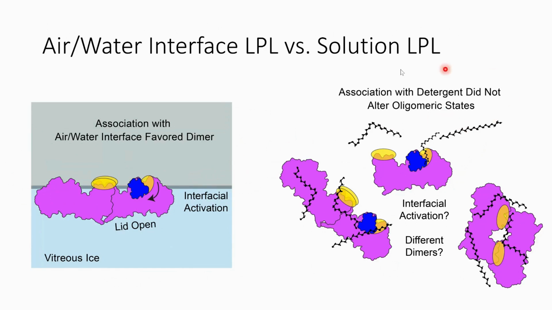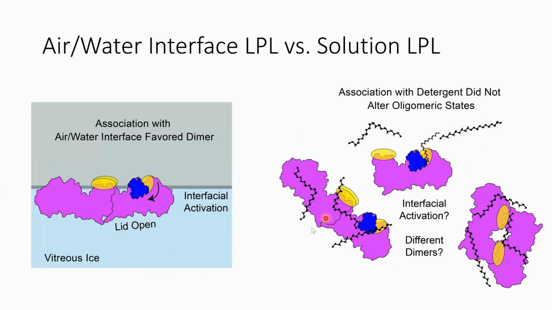And when we're looking at LPL in solution, even in the presence of detergent like deoxycholate, we're not seeing it alter the oligomeric states because there may be something fundamentally different about a small-scale, soluble substrate mimic, compared to this large-scale, interface substrate mimic.